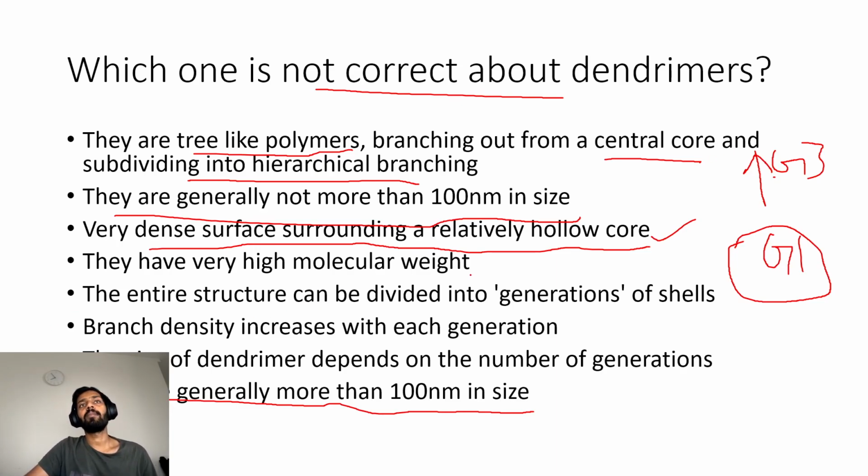They have very high molecular weight, which is also true because of this heavy branching. The entire structure can be divided into generations of cells, which is true. We saw G1, G2, G3, and it can go on till G5, G6, G7, whatever. And the branch density increases with each generation. That's also true.